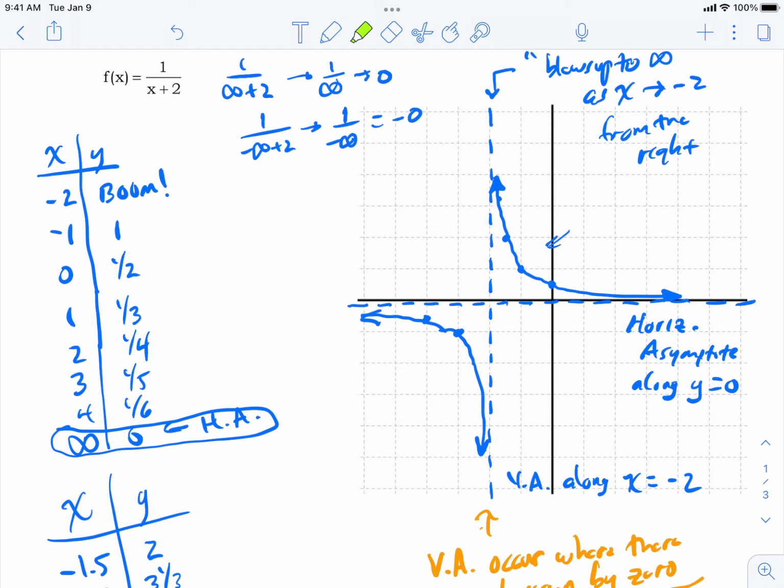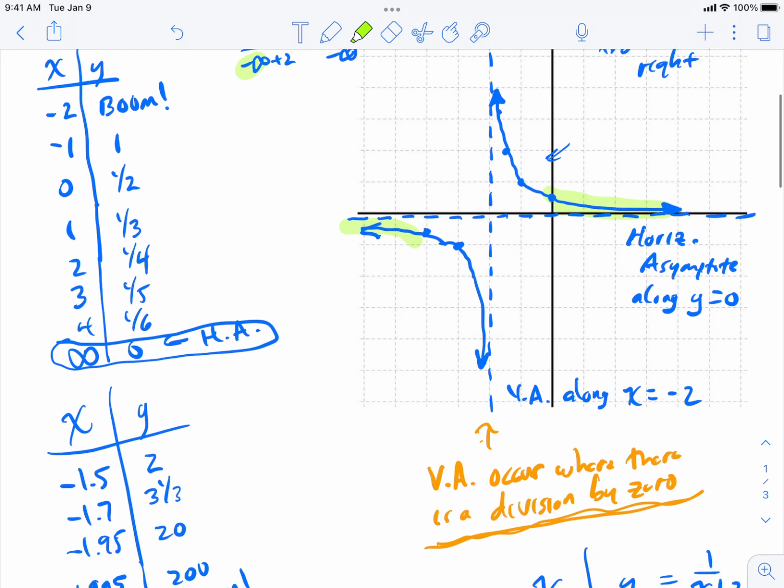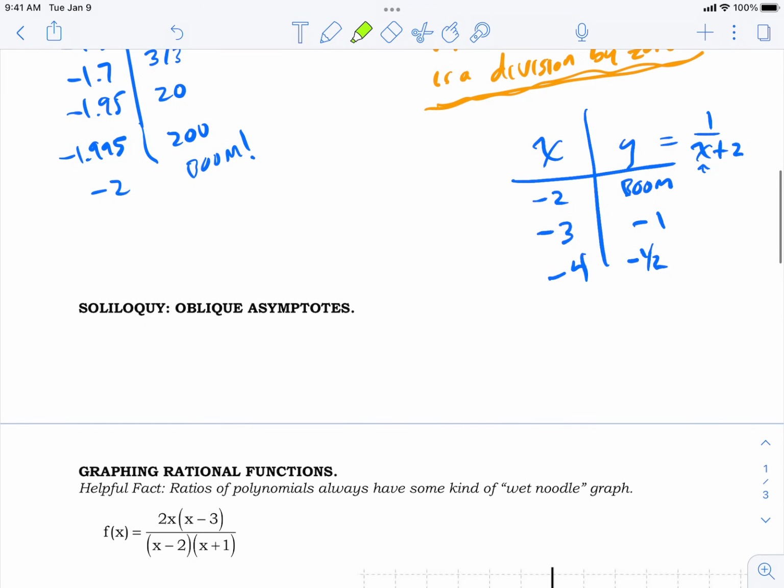Although that's kind of meaningful because, look, when x was going towards positive infinity, we were going towards 0 from the top. And when x was going towards negative infinity, we were going towards 0 through negative values, so from the bottom, basically. So that's pretty cool, right? You can tell stuff.